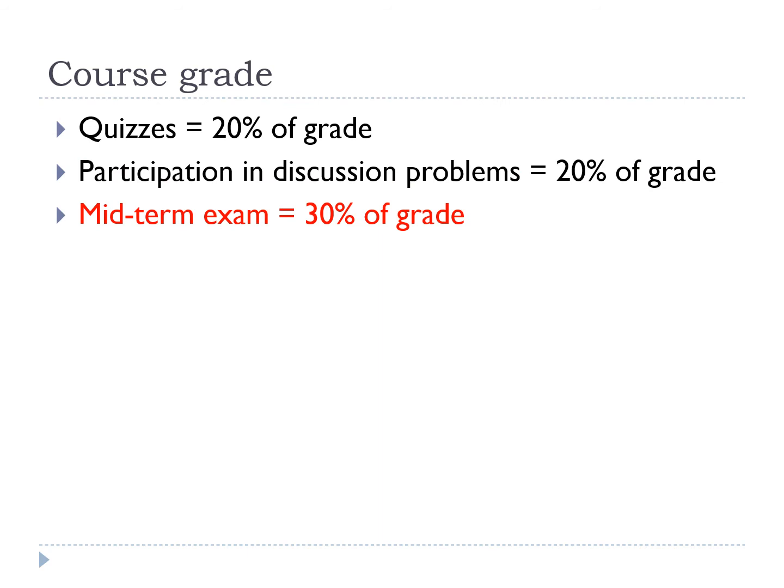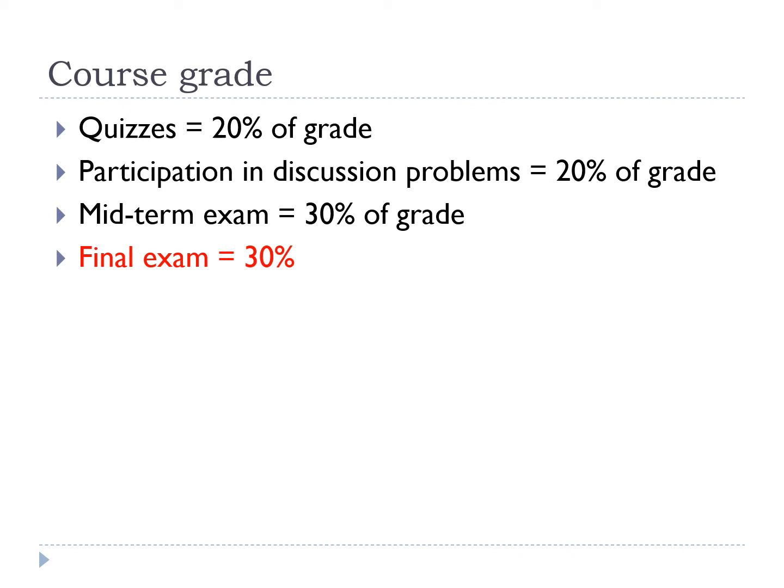30% of your grade is based on the midterm exam, which is taken at the end of week 4. This exam covers the topics presented in the first 4 weeks. The exam is taken between Friday and Sunday of week 4. 30% of your grade is based on the final exam, which is taken at the end of week 7. This exam covers the topics presented in the entire course, with emphasis on the topics covered in weeks 5 to 7.